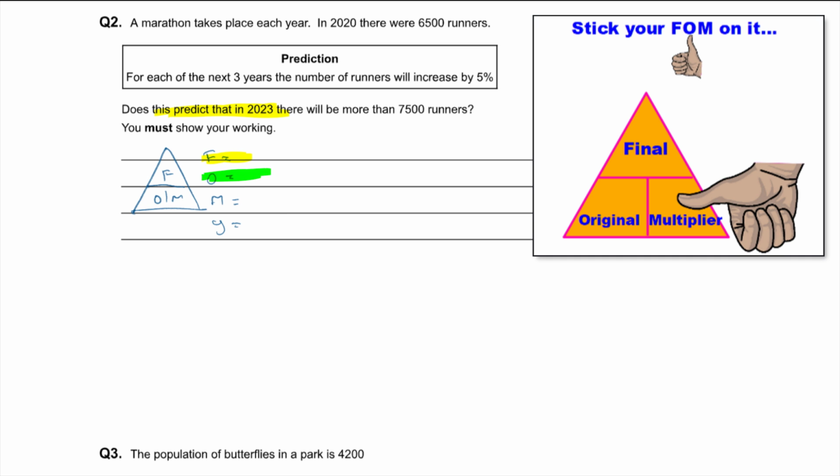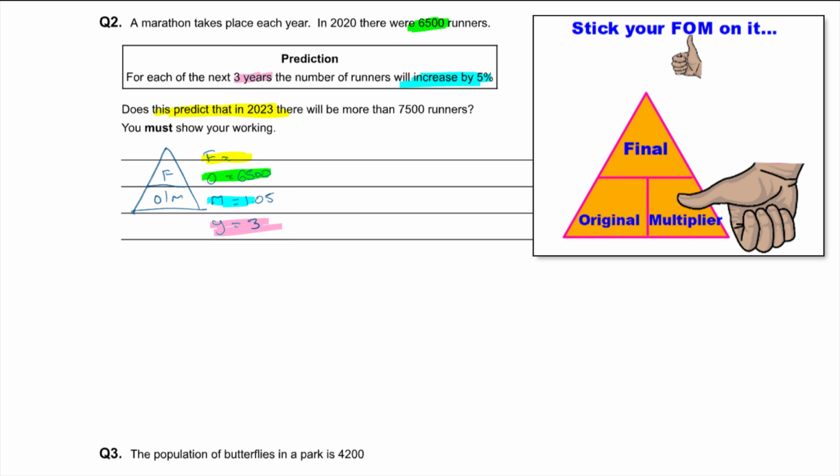The original is the 6,500 runners that we had to start with. The multiplier is going to be the 5% increase, which as a multiplier then 100% plus 5% is 105%, and that as a multiplier is 1.05, and the number of years in this case is going to be 3.